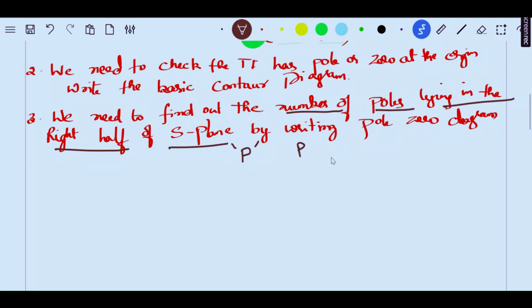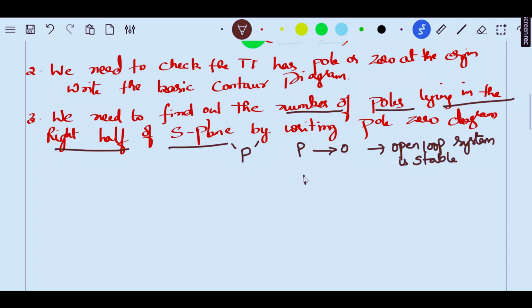Now, if capital P is 0, meaning you don't have any poles in the right half of the S plane, then we say the open loop system is stable.